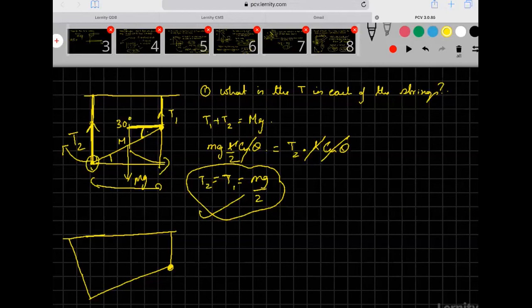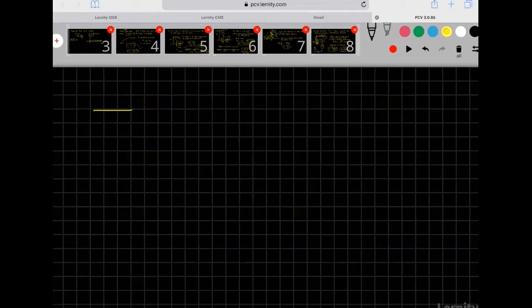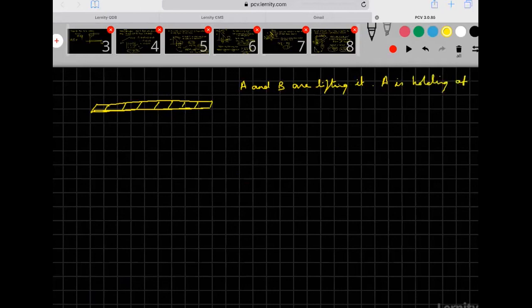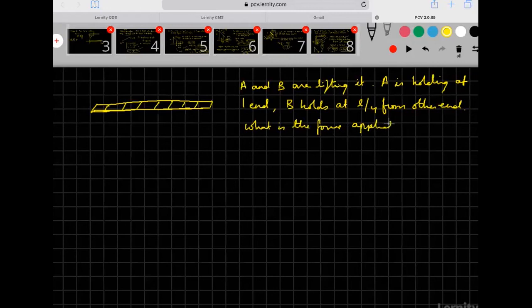Okay, then if you are getting it, there is a ladder here like this.